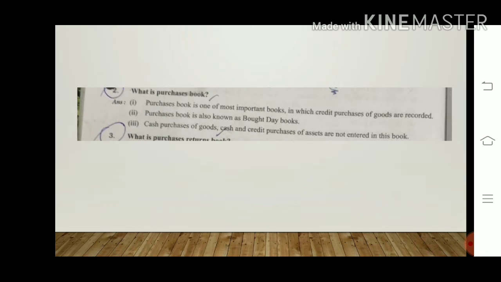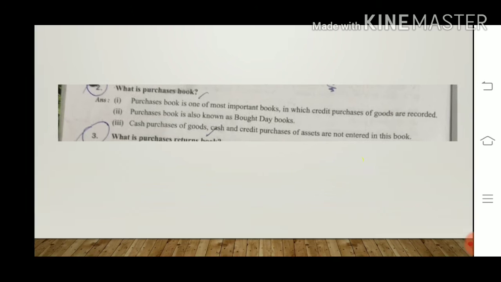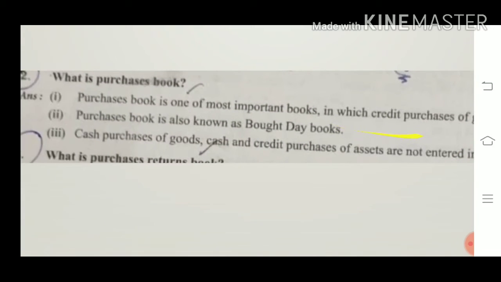Next question. What is purchases book? Purchases book is one of the most important books in which credit purchases of goods are recorded. It is also known as bought day book. Cash purchase of goods, and cash and credit purchases of assets are not entered in this book.